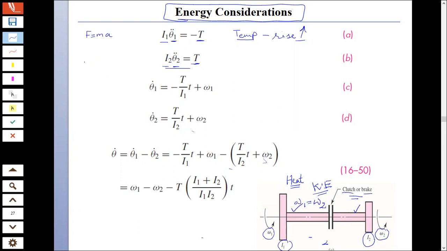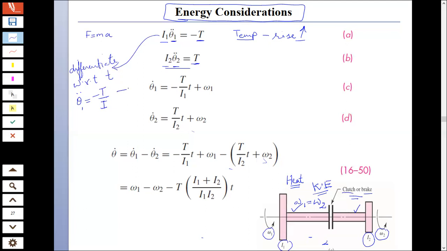Now, we can find out the velocity if we take this equation and differentiate it with respect to time t. Let's take I1 to the other side, so we'll have theta double dot 1 equal to minus T over I1.